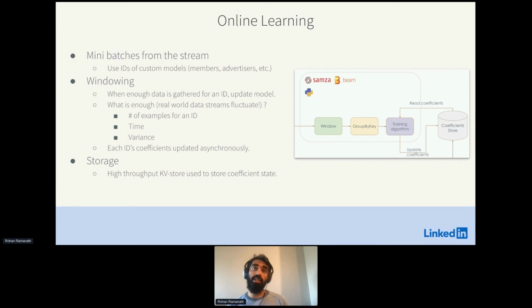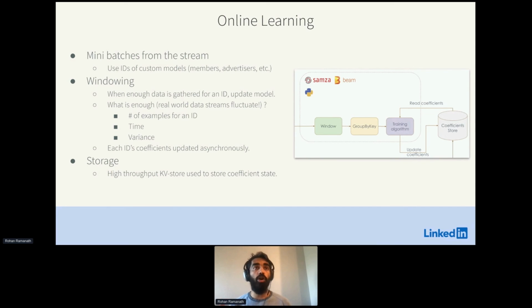Now, when it has enough data, you could decide how you want to close the window. You could say that if the advertiser gets 100 data points, start the training. Or you could say, wait for 30 minutes. It doesn't matter how much data you get in 30 minutes; in 30 minutes, you close the window and you start training. Or you could set heuristics based on the variance of the coefficient and say that if the variance increases a certain amount or decreases a certain amount, start training.